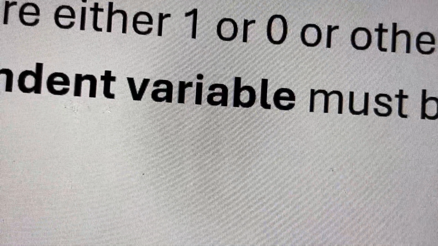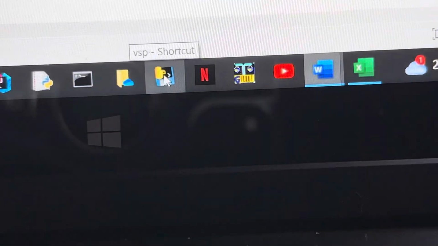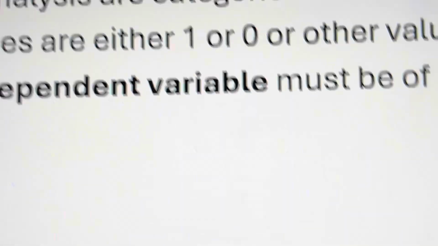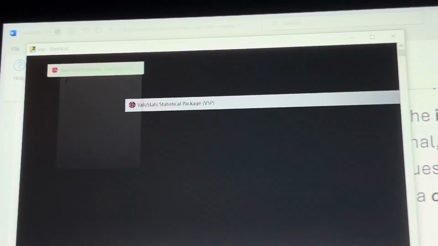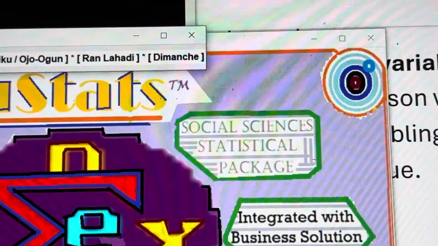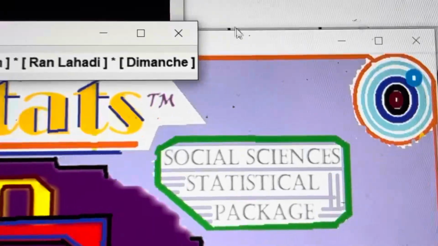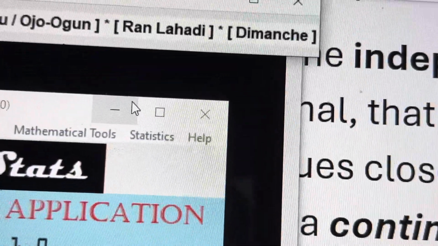Let's open it again. So let's open the USP. Okay. All right.